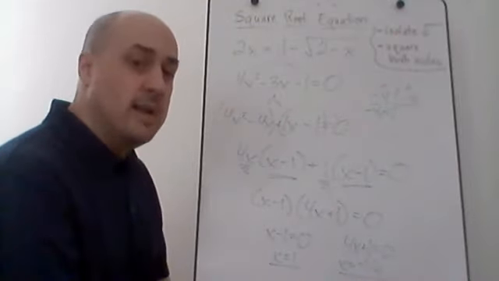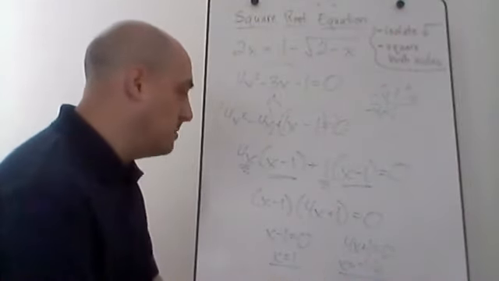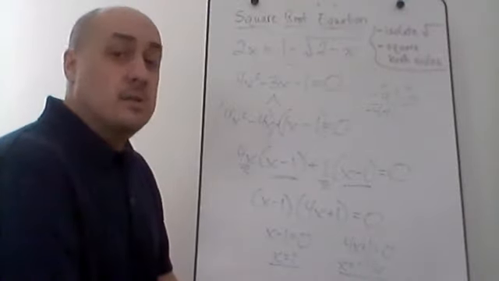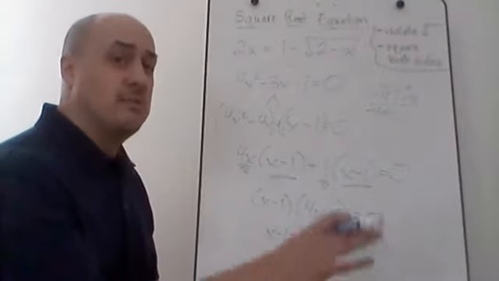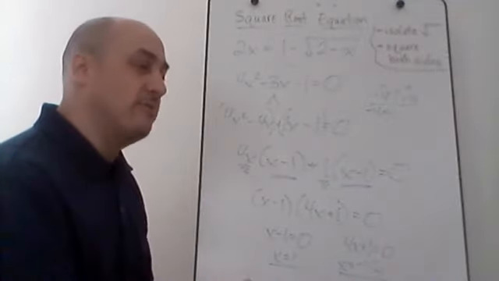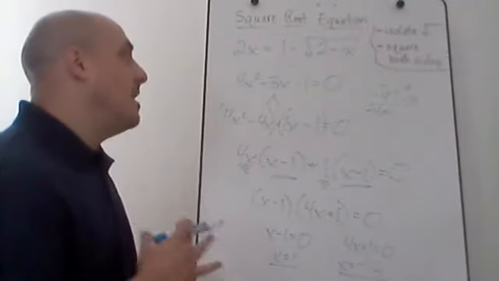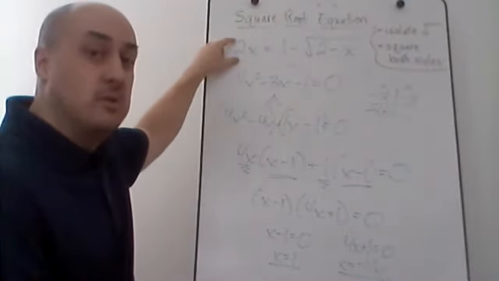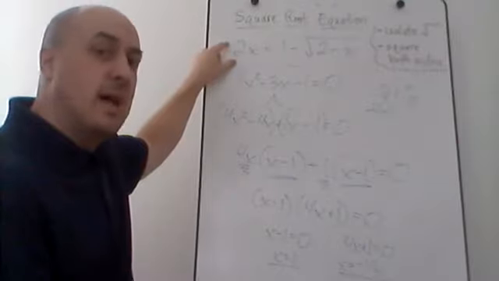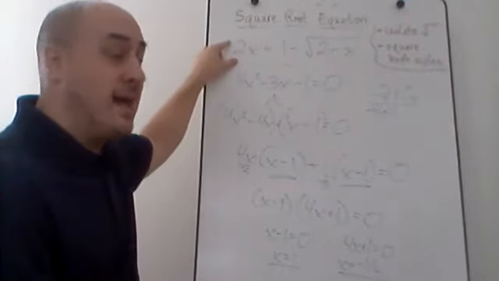Now notice I didn't put a big circle around those answers because one of those may be an extraneous solution. If you watch the video that I did on the equation with fractional expressions, anytime you're solving an equation that doesn't start out as a quadratic equation, and this original equation that we had with a square root in it was not a quadratic equation, it did not have an x squared.